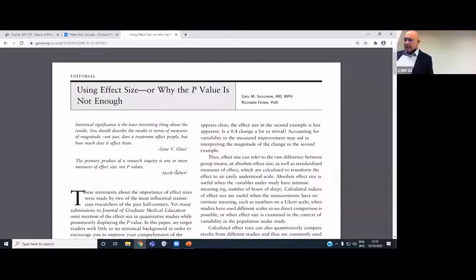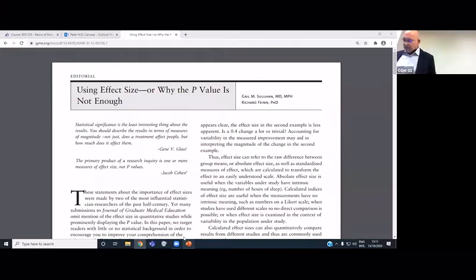So Jacob Cohen, I mentioned Cohen's d. This is what he said: the primary product of a research inquiry is one or more measures of effect size, not p-values. So he's de-emphasizing p-values. Okay, so I recommend that you read this.